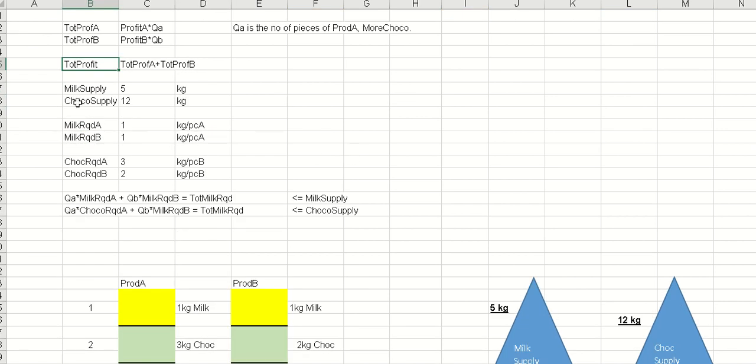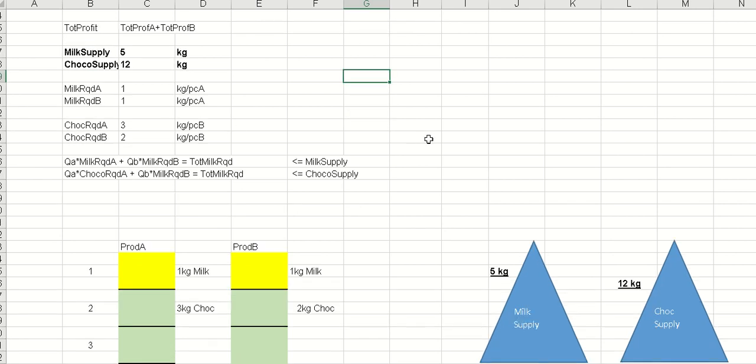So take note also that we are highlighting this here. Your milk supply is 5 kg and your choco supply is 12 kg. The milk requirement for product A is 1 kilogram per piece, and the milk requirement for product B is 1 kilogram per piece.